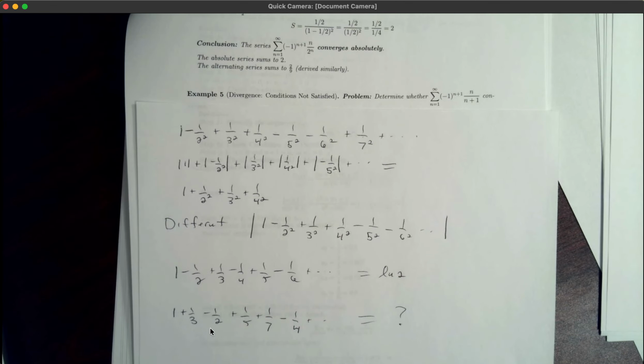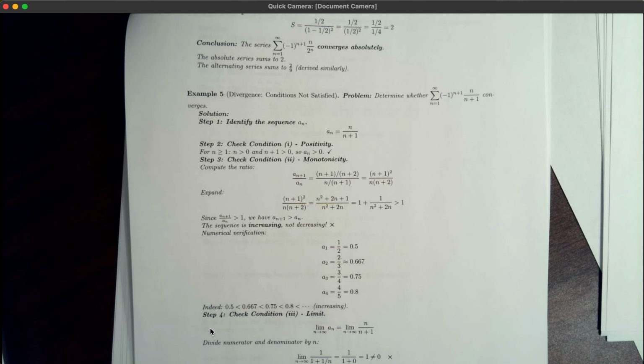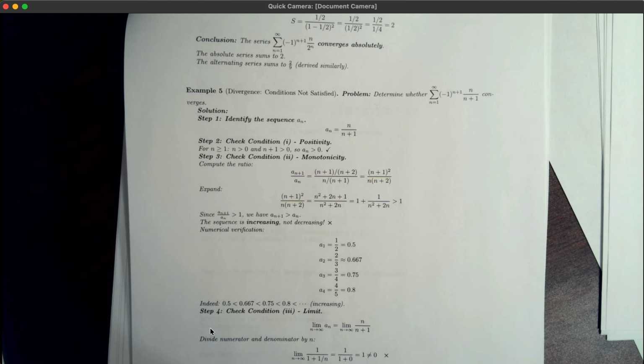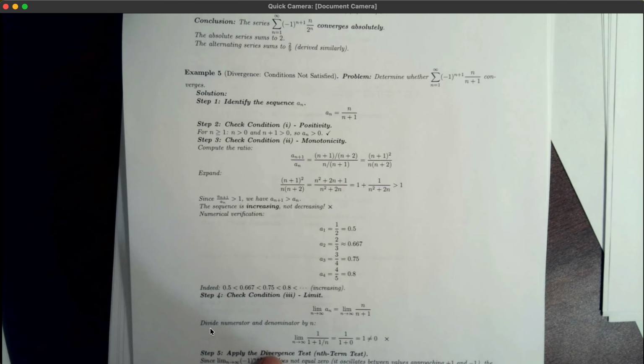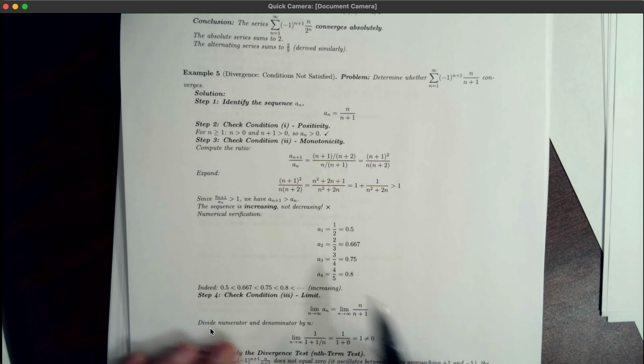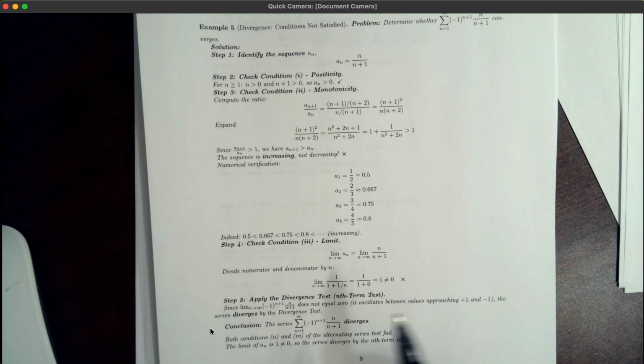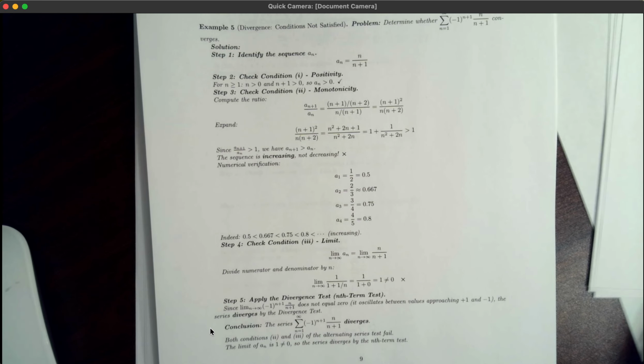Notice what goes wrong. The n over n plus 1 does not converge to 0. In fact, it converges to 1. So if you list out the terms of the sequence, like with your calculator, you'll see that the sequence does not converge to 0. So by the divergence test, we know that the series cannot converge, because a series only converges if the terms go to 0.